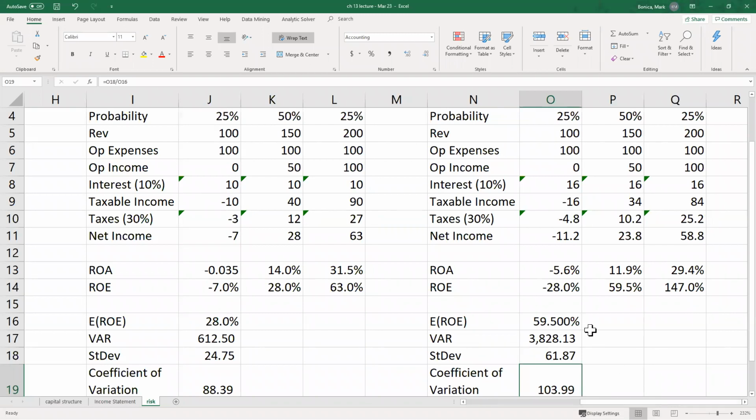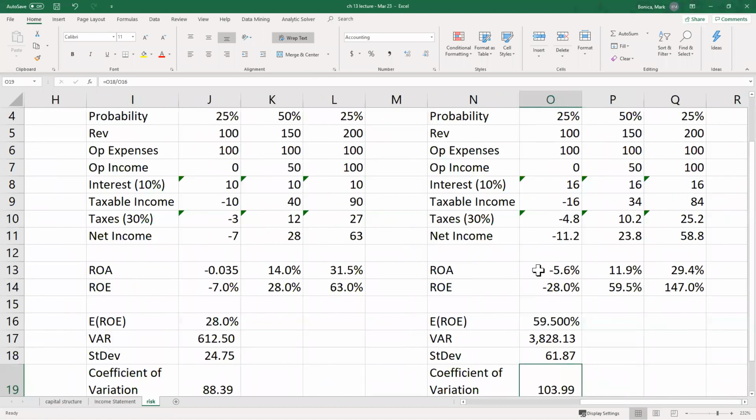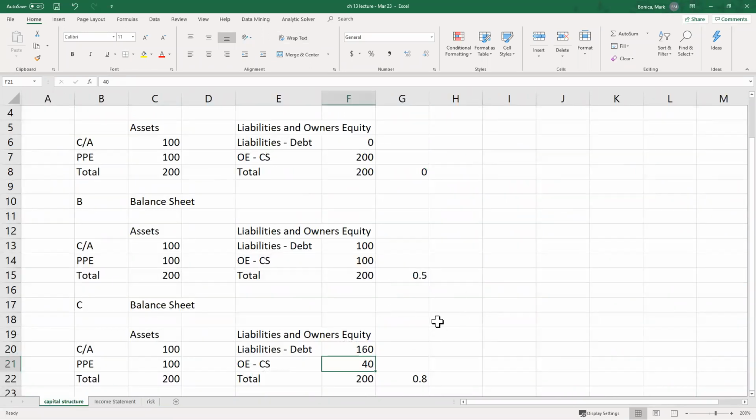So we said, with 80% debt, our expected ROE was almost 60%, and we had the possibility of even making almost 150%. So that's crazy great, right? As opposed to making 17.5%. The flip side, of course, was that you could lose a lot of money in the process. So that's one benefit: with a lot of equity you have a lot more security, but with more debt, you can potentially magnify your returns.